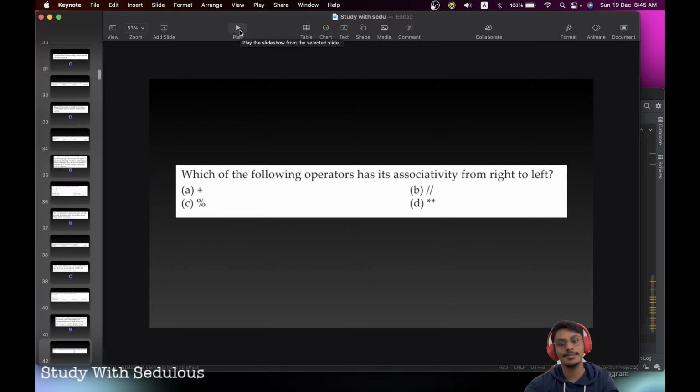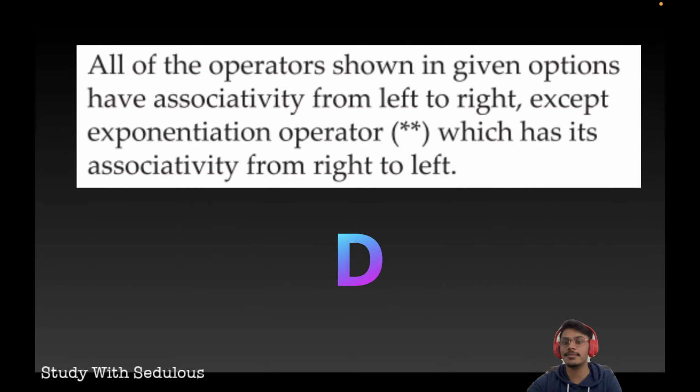Because this has been going from right to left. Answer is D. All other operators shown in the given options have associativity from left to right, except for exponential operators, which have associativity from right to left.